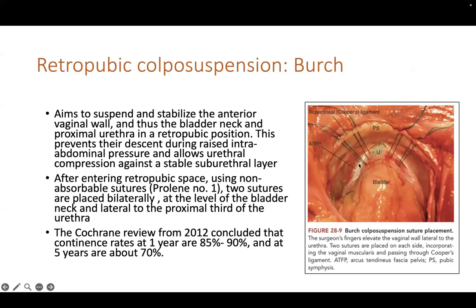It can be done either open or laparoscopically. So we will go to the space of Retzius, that is the suprapubic area, by open or laparoscopic approach. Then here we elevate this part with absorbable suture, in the suprapubic space.